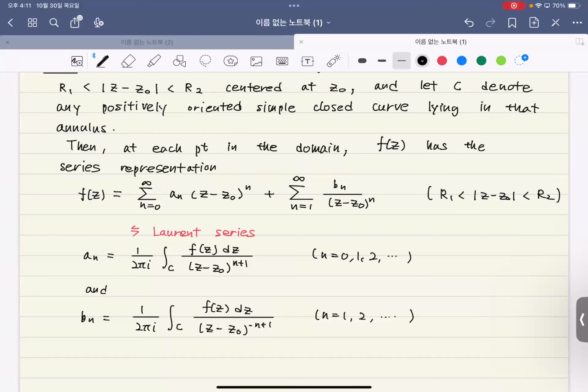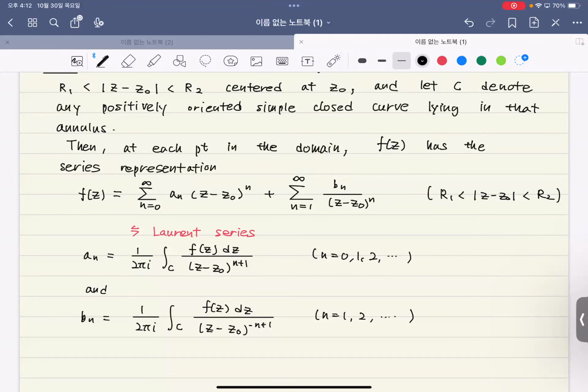So An represents the coefficient associated with the positive exponent, and Bn should be understood as the coefficient associated with the negative exponent. These coefficients An and Bn look almost identical. The only difference is the exponent: this is positive and this is negative.